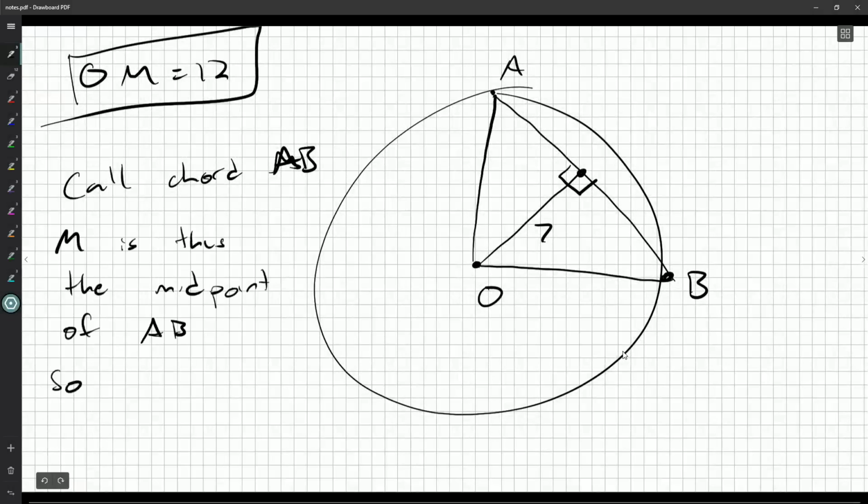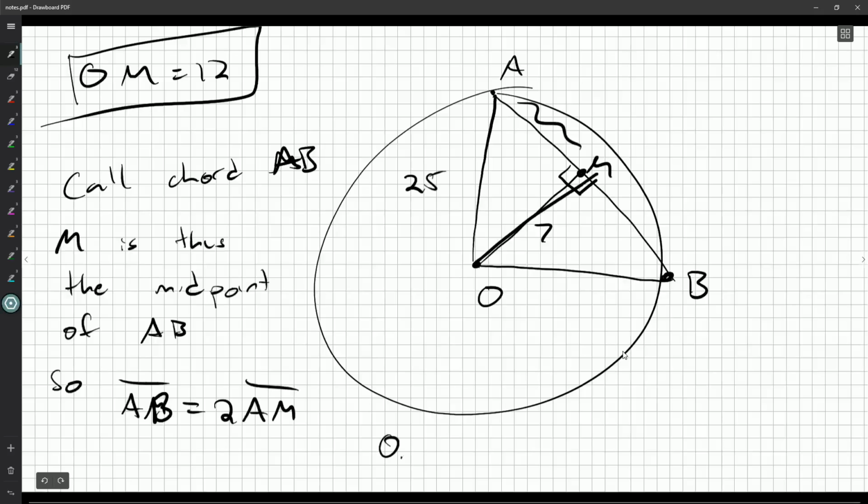So we might say the length of AB is 2 times the length of AM. So now all I need to figure out is this length here. Well, I've got a 7 here. OA is 25 because it's a radius. So again, we use the Pythagorean theorem, or we remember our Pythagorean triple, 7, 24, 25.